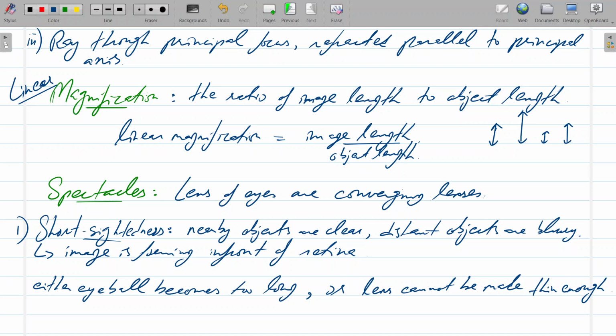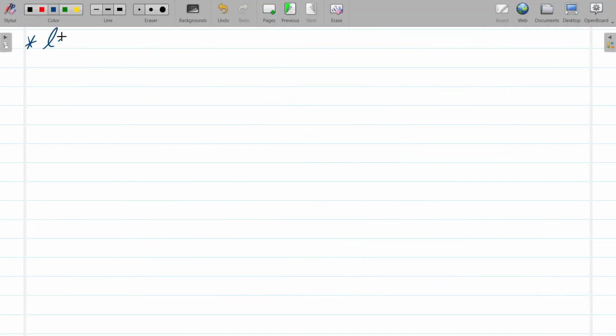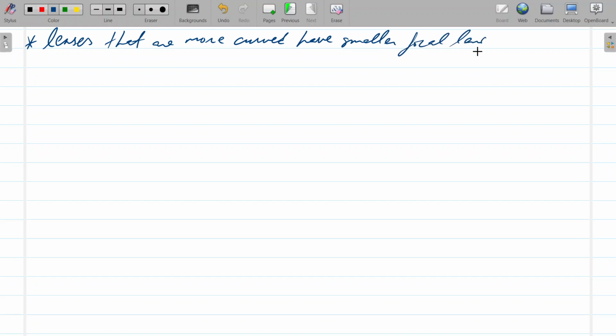Lenses that are more curved have a smaller focal length, right? So just keep that in mind.